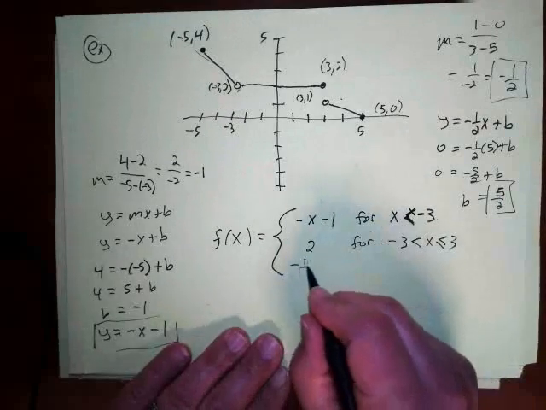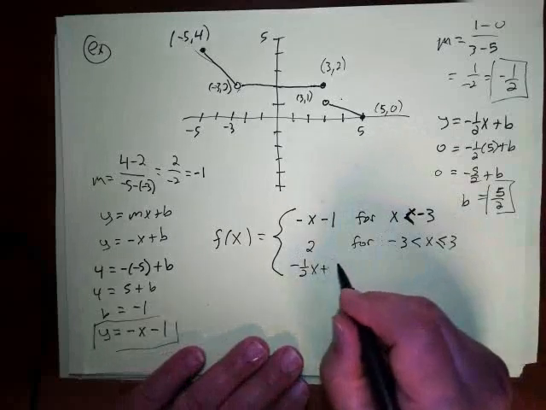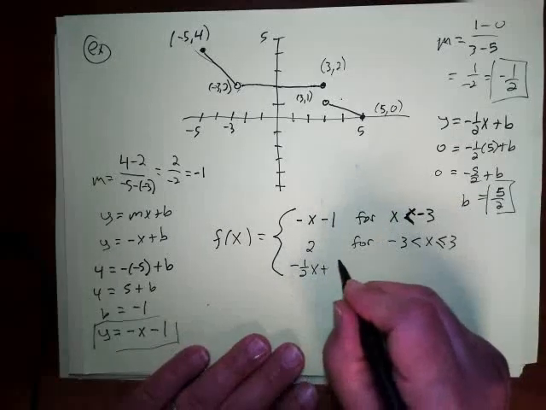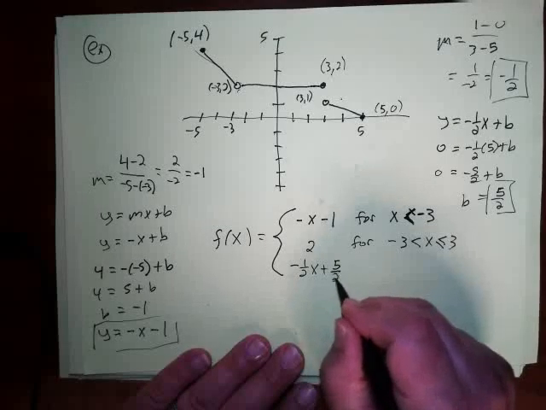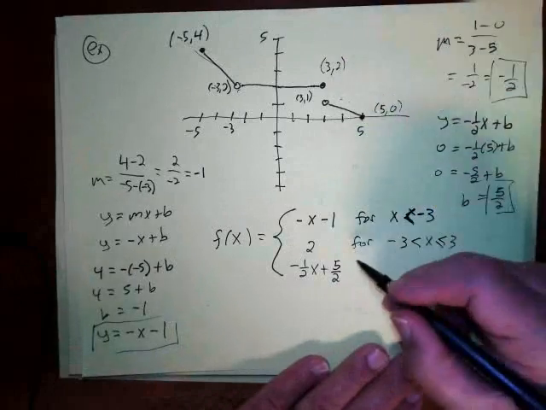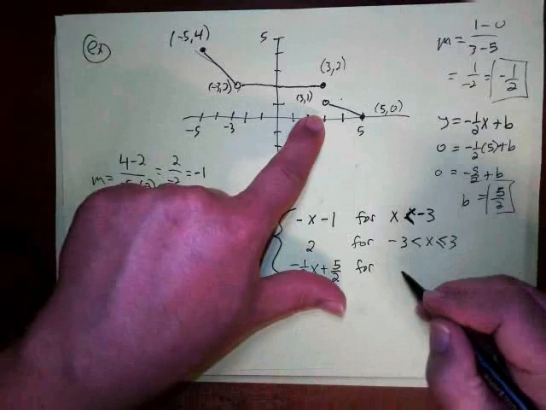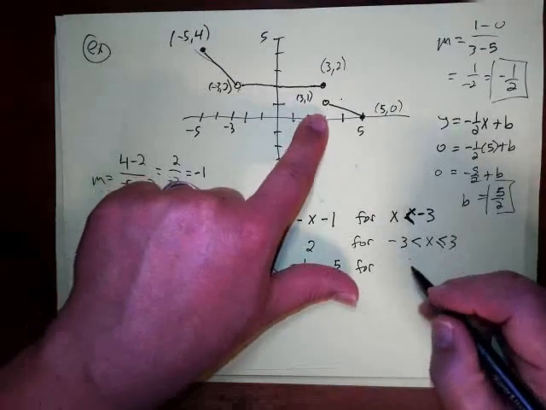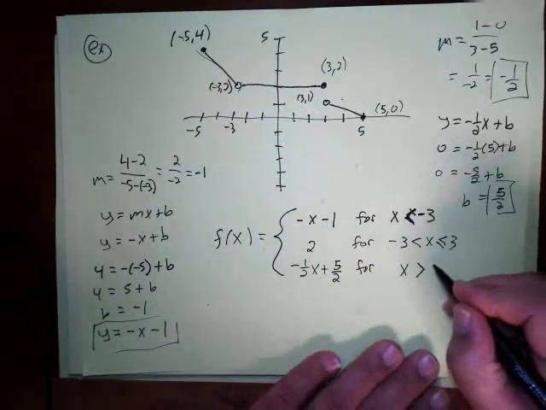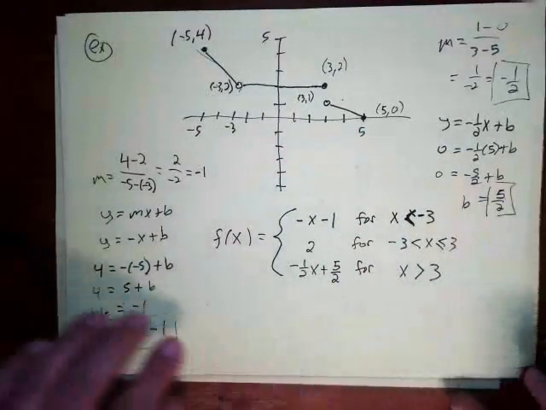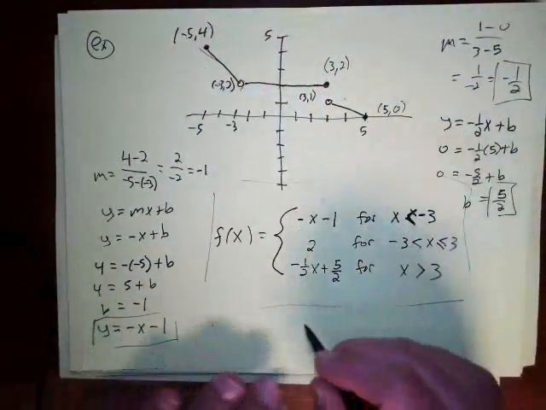It'd be negative 1/2 x plus 5/2. And this is going to be for x's not including 3 here, but everything greater than 3. So this is going to be for x strictly greater than 3. And so this is my piecewise function for this graph.